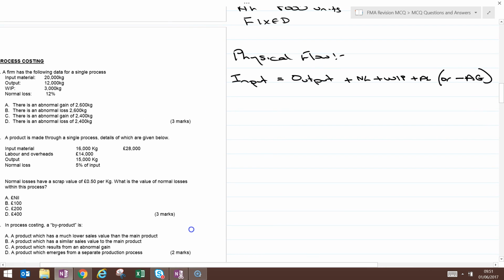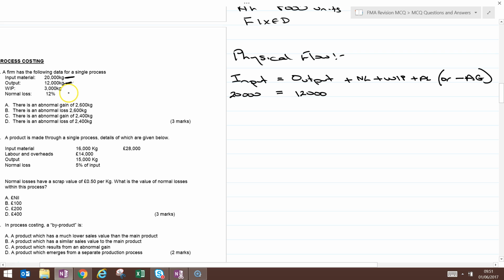So what we know from the question is the input is 20,000 kilos. The output is 12,000 kilos. Normal loss is 12%. The normal loss percentage is always worked on the input.